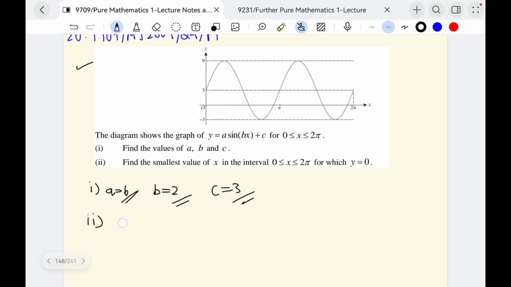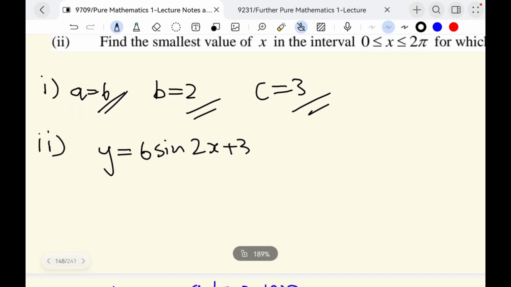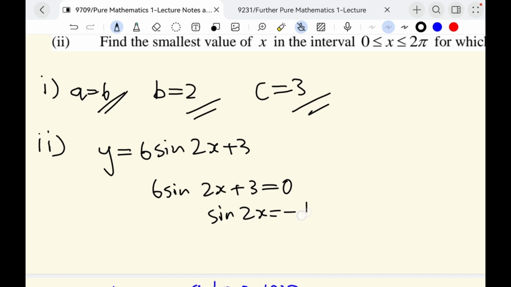Since you know the equation of the graph is y equals 6 sine 2x plus 3, for y equal to 0, just equate 6 sine 2x plus 3 equals 0. So you find that sine 2x is negative 1 over 2.